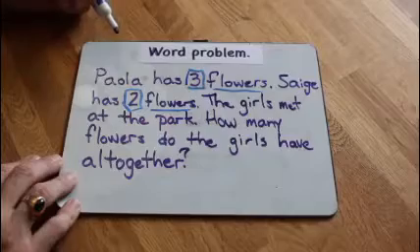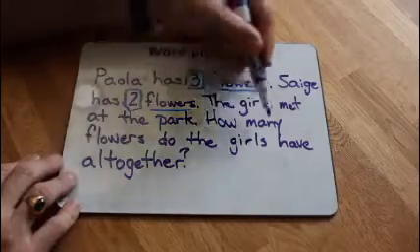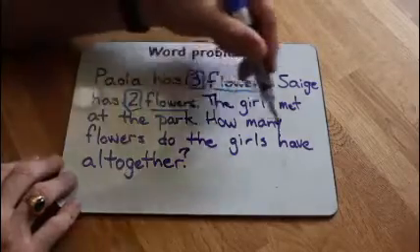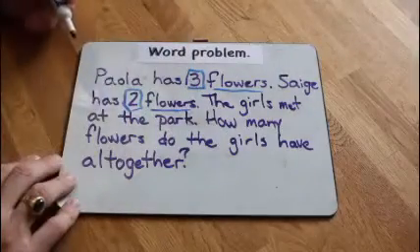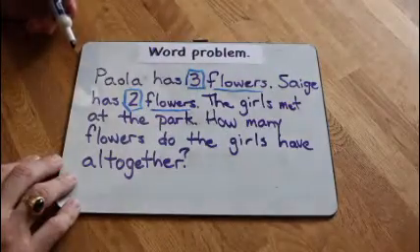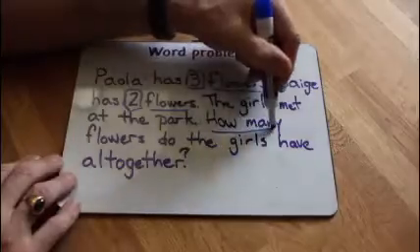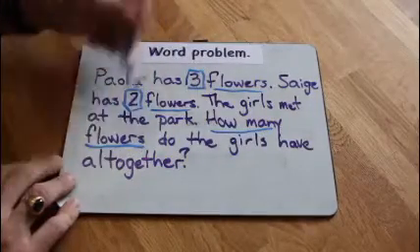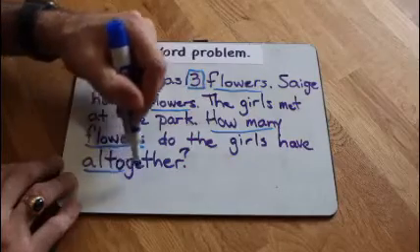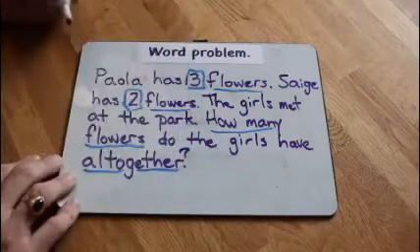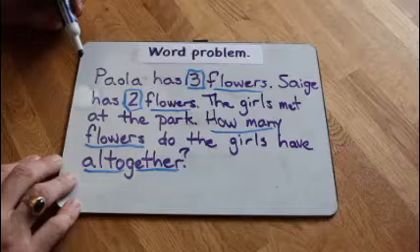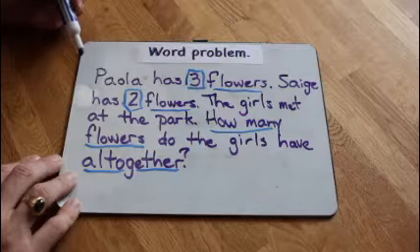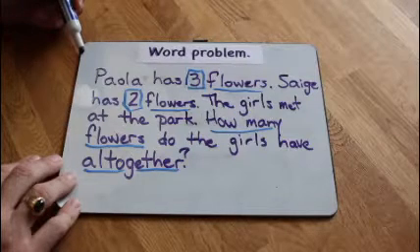It doesn't pertain to the problem. How many flowers do the girls have all together? Okay, so what are we asking? We're asking how many, again, flowers do the girls have all together? That's the important word right there. That all together is going to tell us that we have to add. Yeah, we have to put them together.